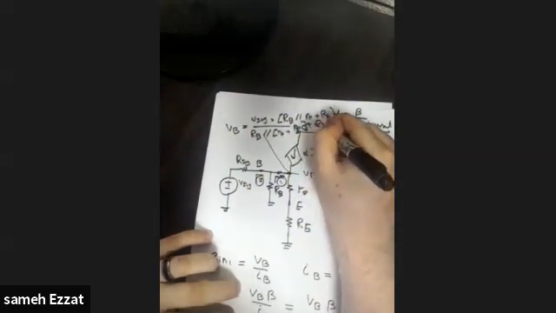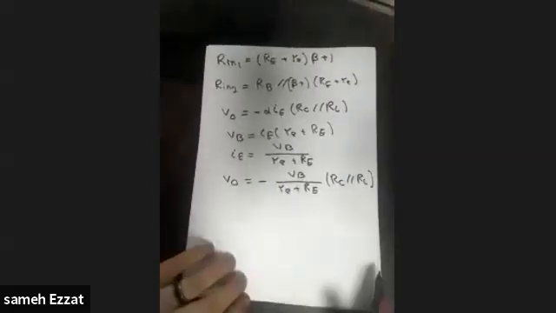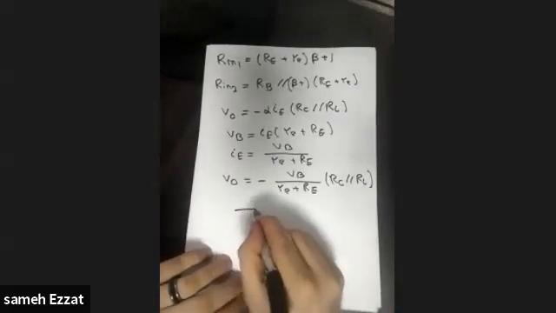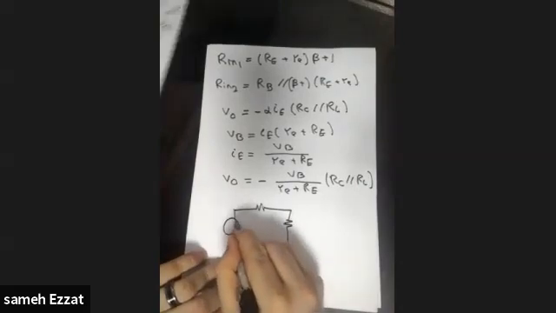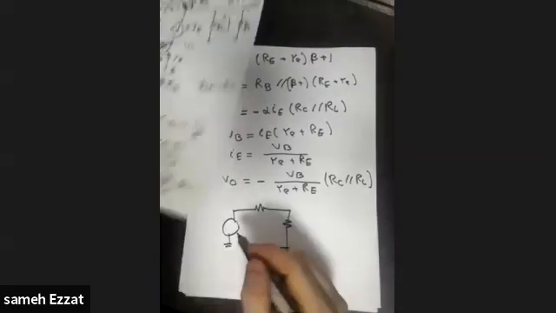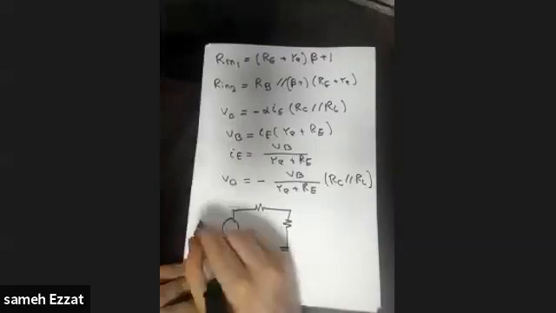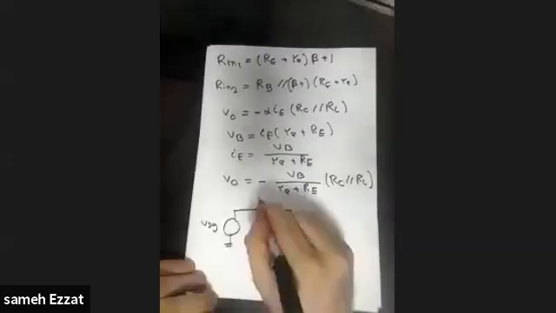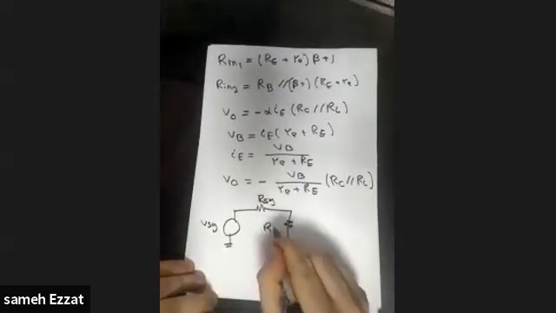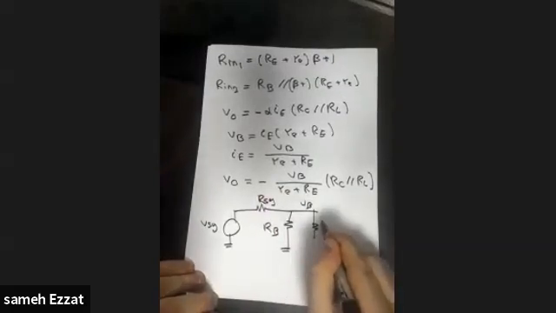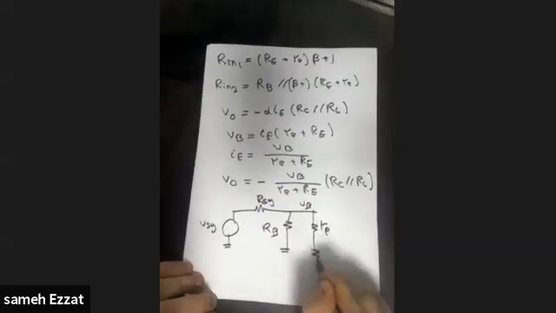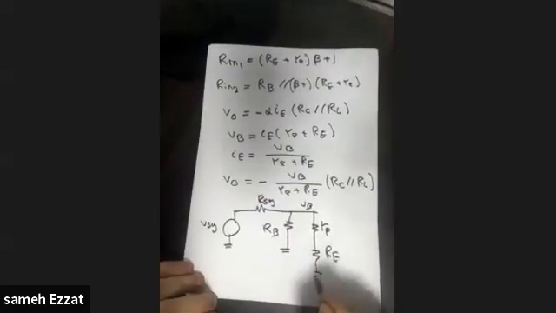Again, let me make it in a better way. I believe you will not see it from this view, so let me replot it again. We have something like that. This is V swing, this is R swing, this is RB, this is VP, and this is re, and this is RE, and this is ground.